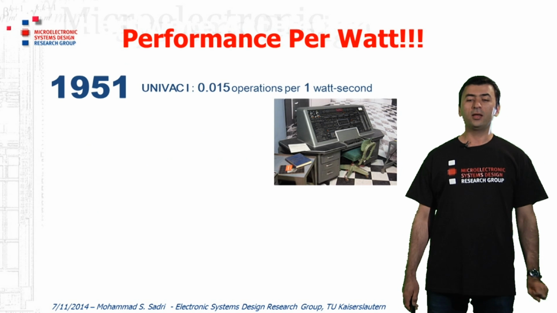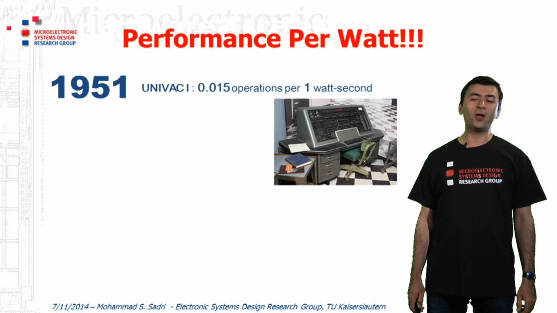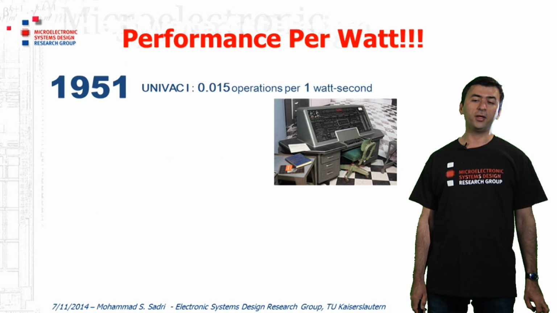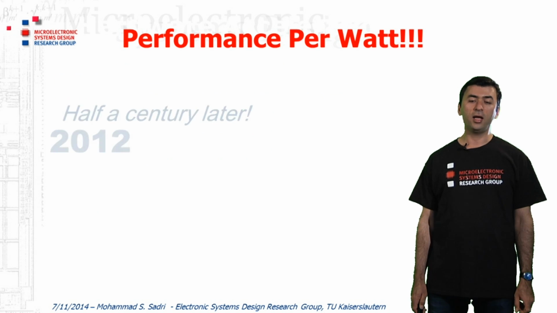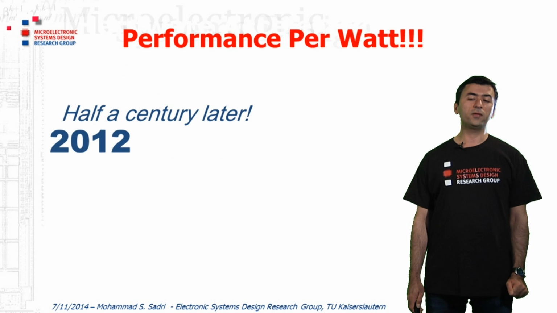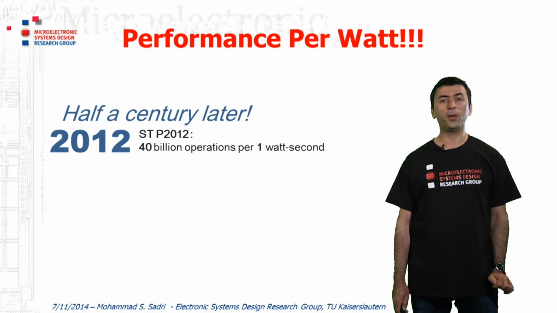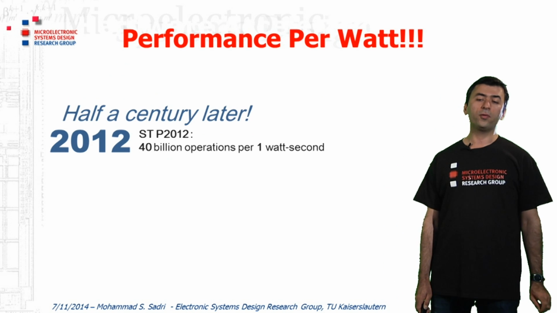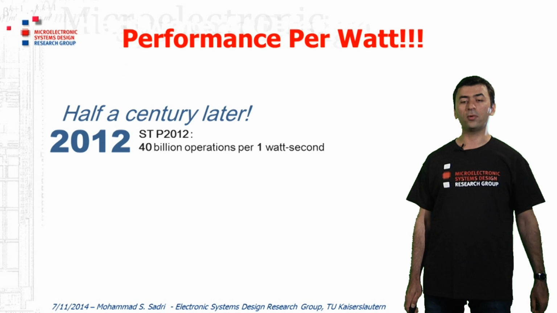In 1951, there was the UNIVAC 1 computer, which was capable of performing 0.015 operations consuming 1 watt-second of energy. And then half a century later, in 2012, we see devices like the ST P2012 chip, which is capable of performing 40 billion operations consuming 1 watt-second.